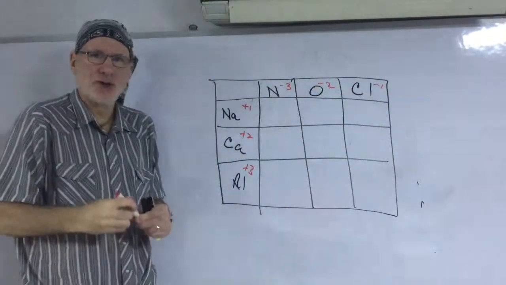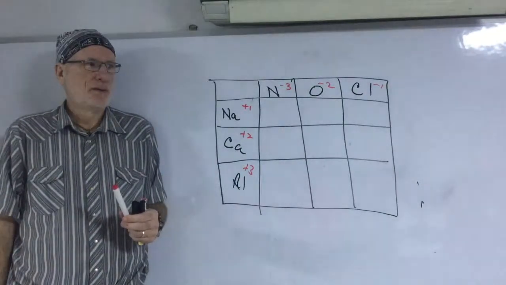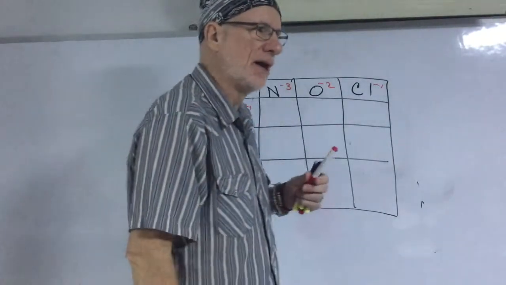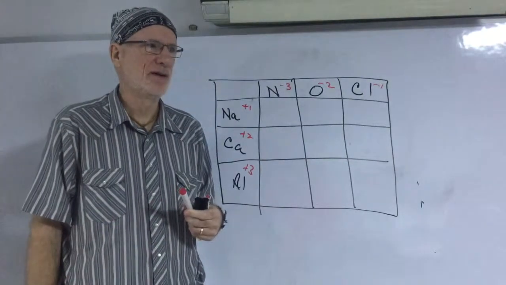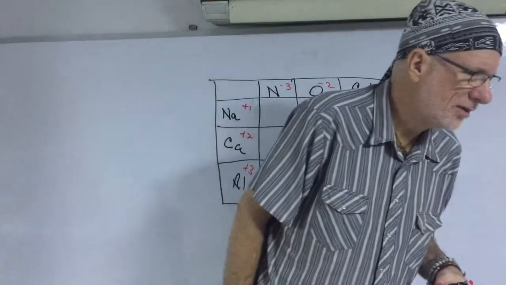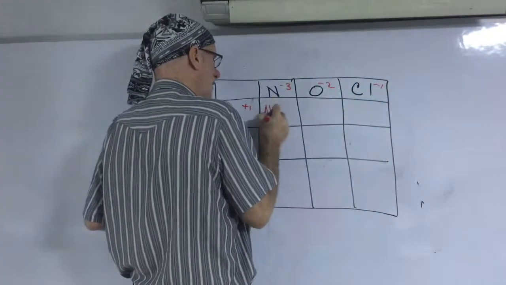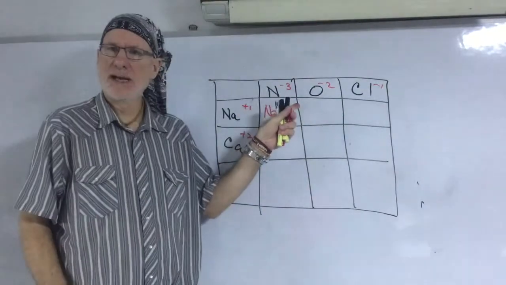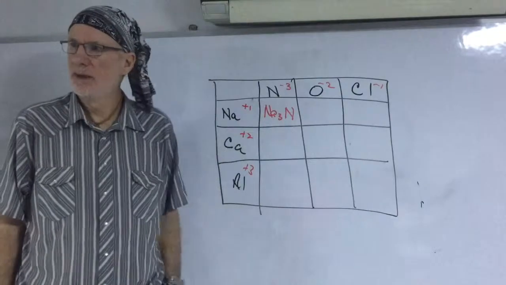What's the formula of the first one? I can't hear you. What is it? Na3N, yeah. Na3N. +1, -3, need 3 + 1. Easy, right?